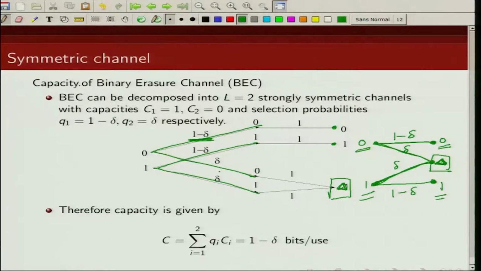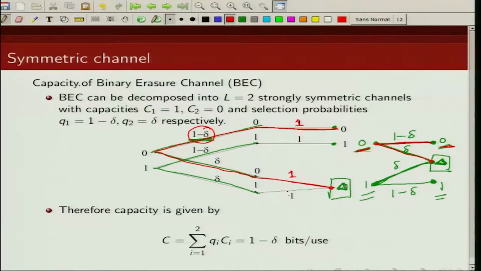Now, what I need to do is look at the probability from input to the output. In this case, this is 1 minus delta. I already know my selection probability is 1 minus delta, so this probability should be 1. Similarly, from 0 to the erase state, the probability is delta, so this has to be 1, so that the overall probability is delta.